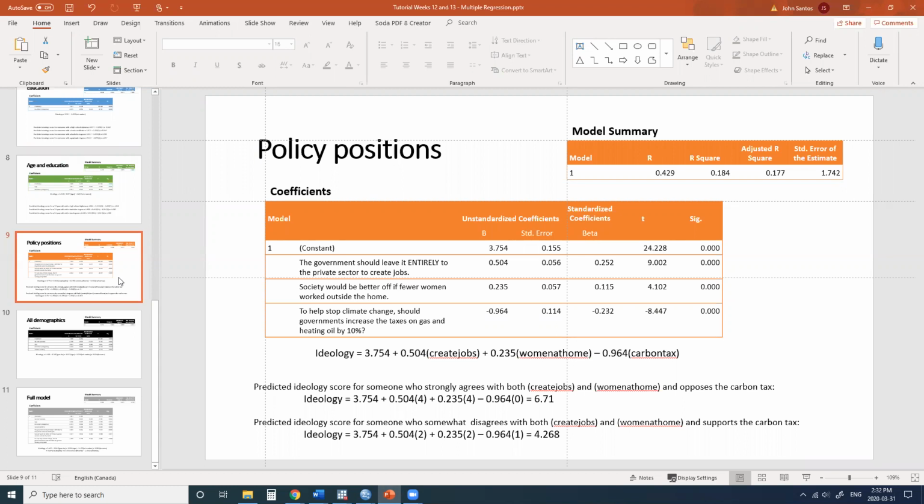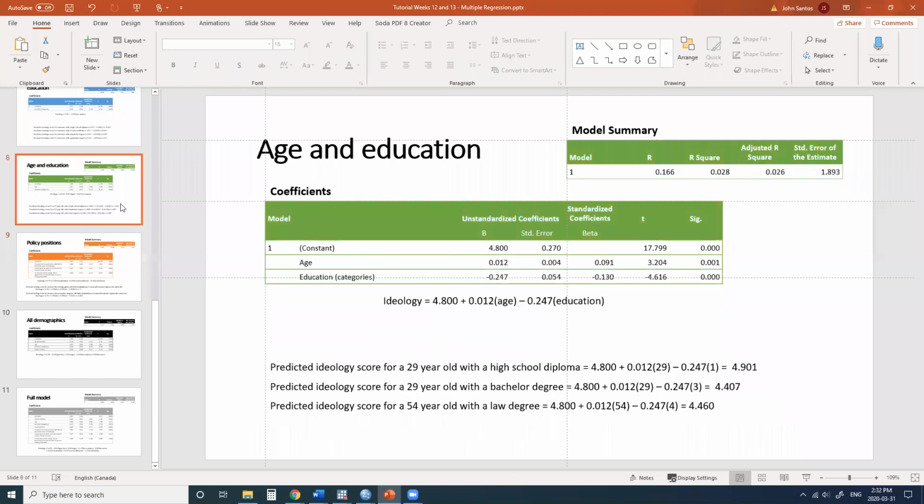So we have a question here. Why do we not use the standardized coefficients if we are comparing? So it's not that you don't. It's just that it's difficult to compare things that don't have units. And so you'll see this well when we look at the full model with a ton of variables in it.